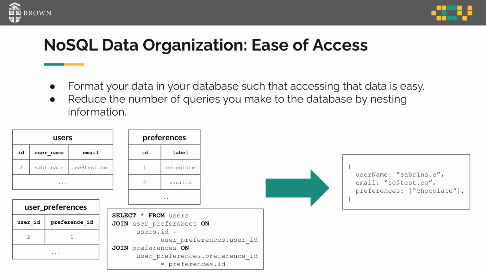This way, when you're going to use that user information, you have access to it right away. So to your question earlier, Paul, about joins, the idea is don't do joins, because you already want that information there. If you know that you're going to want users with preference data, you should already do that join ahead of time. And then as users change their preferences, just edit that in the document itself, as opposed to removing rows from a user preferences table.